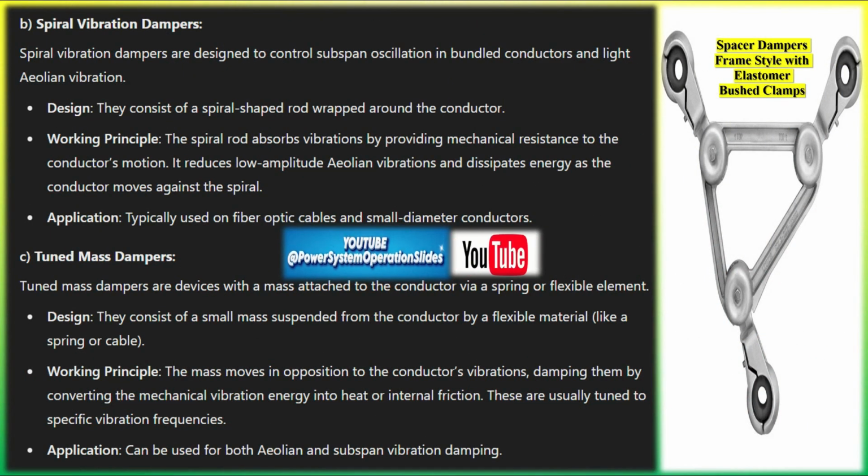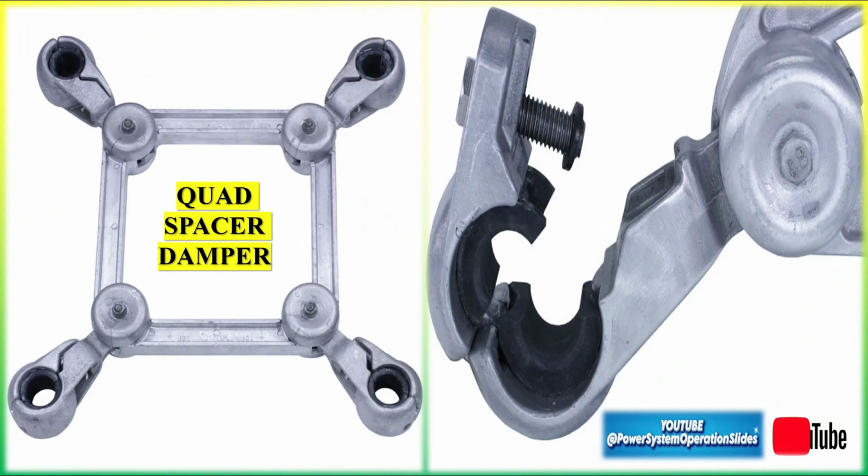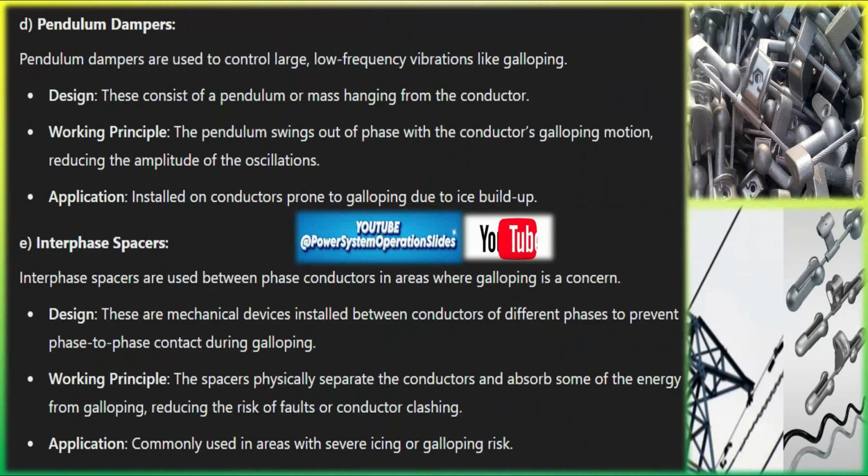For instance, dampers designed to reduce Aeolian vibration are tuned to respond to the high frequencies generated by wind-induced oscillations. This ensures that the damper is most effective at reducing the particular type of vibration affecting the line. Damping via friction. Some dampers work by generating friction between components. As the conductor vibrates, parts of the damper slide or compress, converting the vibration energy into heat through friction.